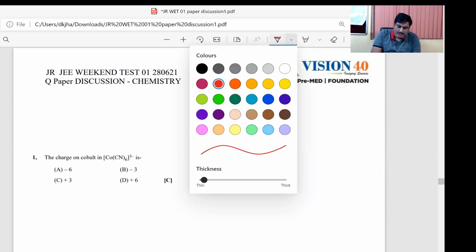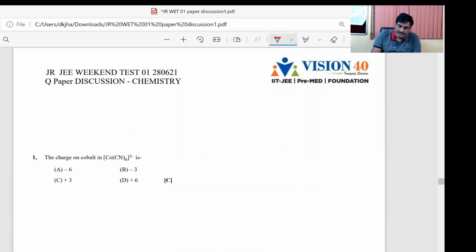Yes. The charge on the cobalt in [Co(CN)6]3-. CN already you know. What is the valency of CN? CN is mononegative charge, CN -1. So there you can find it. For the cobalt, let's assume that is X. So X plus 6 into -1 is equal to -3.